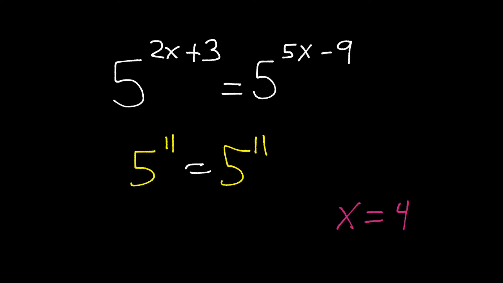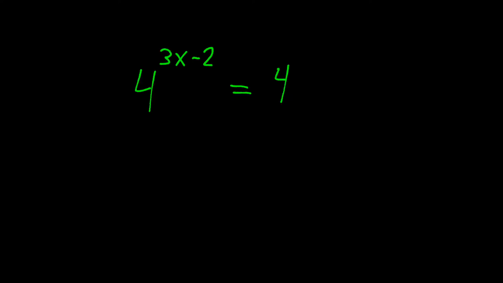Let's try a couple other examples just to make sure we've got it. For our second example here, we have 4 raised to the 3x - 2 power, and we're setting it equal to 4. And this is a little different from our last example because you could be thinking to yourself, there's no exponent here. They have the same base, so I can do what I did last time where I set the exponents equal to each other, but there's nothing over here.